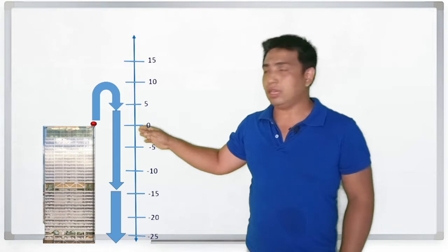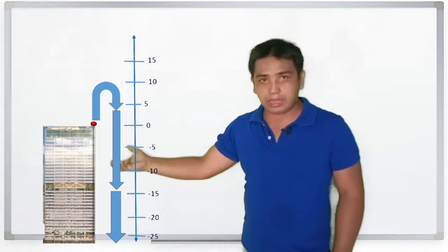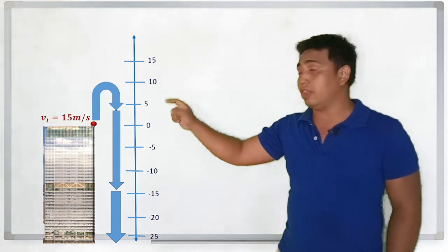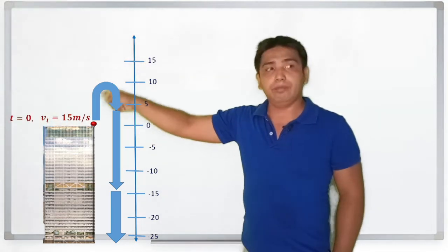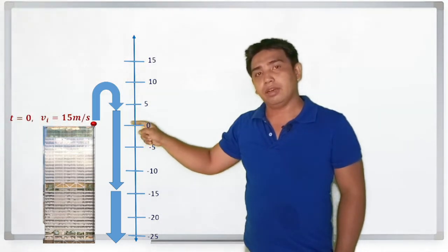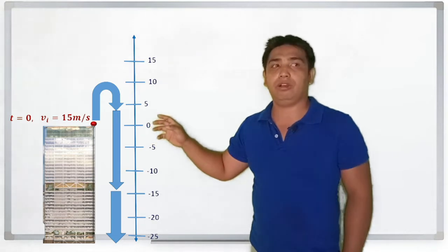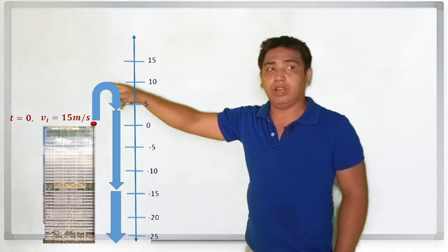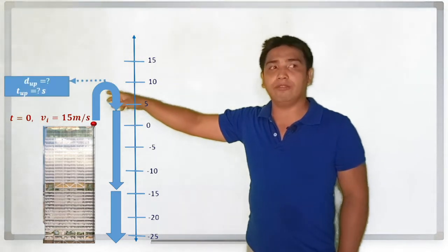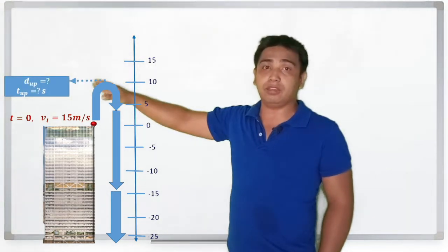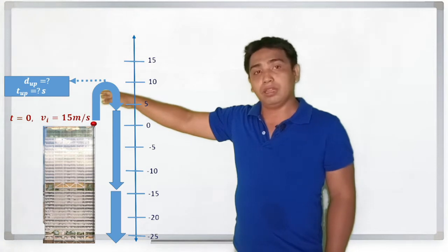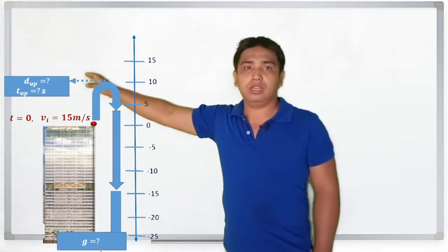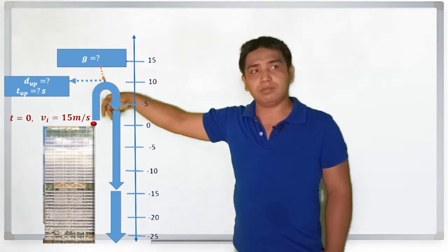The ball will leave your hand with an initial velocity of 15 meters per second, and the blue arrow will be the imaginary path of the ball. At the maximum height, you are asked to look for the value of the maximum height, the amount of time needed by the ball to reach it, and the acceleration of the ball at its maximum height.